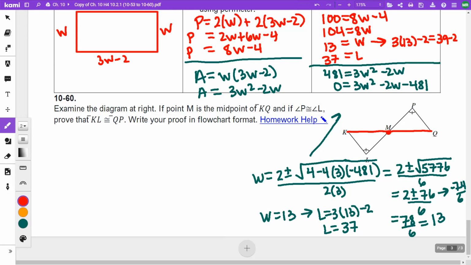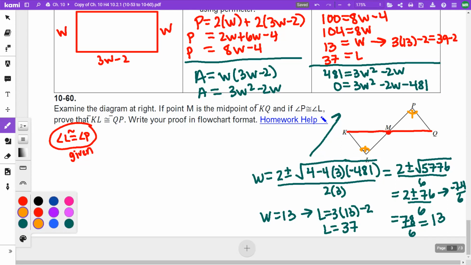Okay, so I know that angle L is congruent to angle P, given. So this angle here is the same as this angle here. I also know that this angle here is the same as this angle here because of vertical angles.